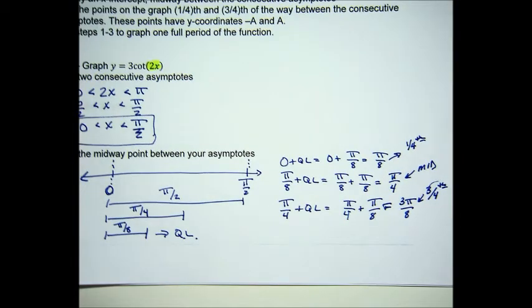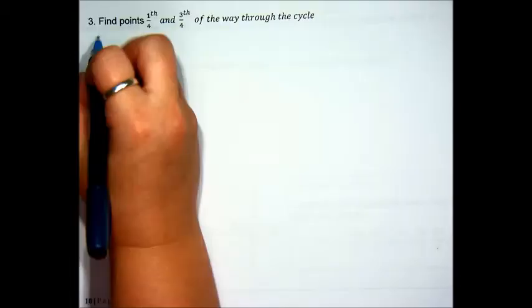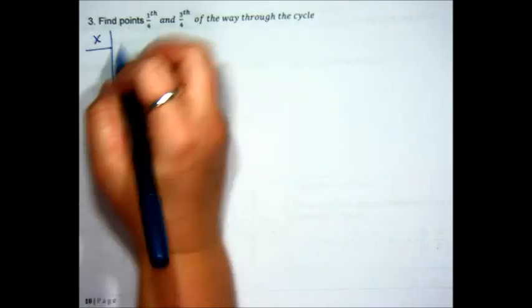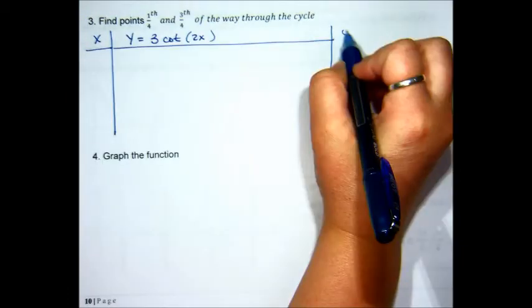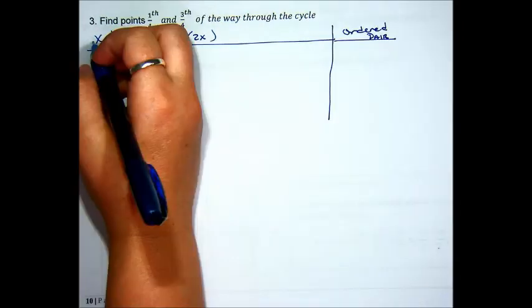Great. Now I just have to evaluate the function and come up with my picture to graph it. So I have my x, I have y equals 3 cotangent of 2x, and I have my ordered pairs.